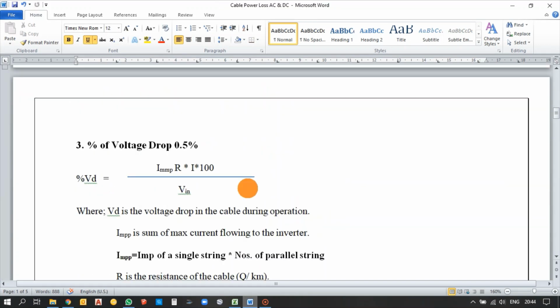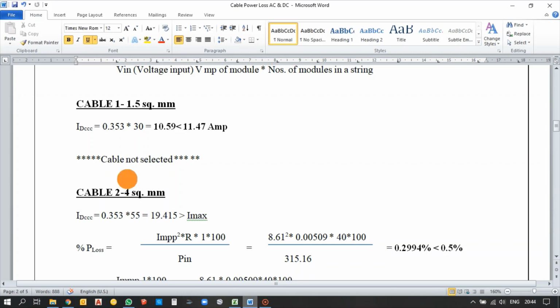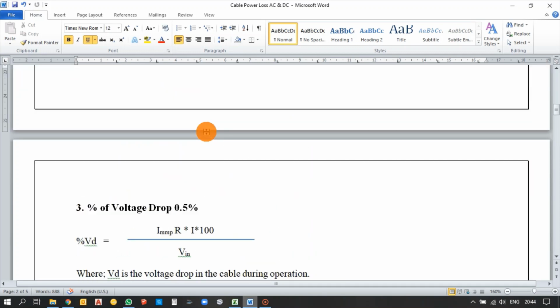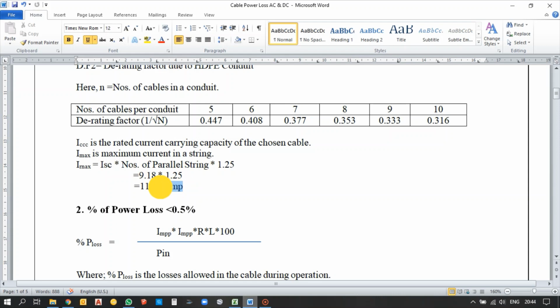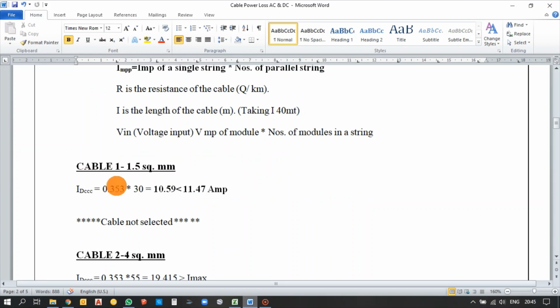Equating this, it is 10.59, which is less than 11.47 of the maximum current. We have calculated 11.47 as the maximum current that the string can have. So this cable cannot carry this much current.